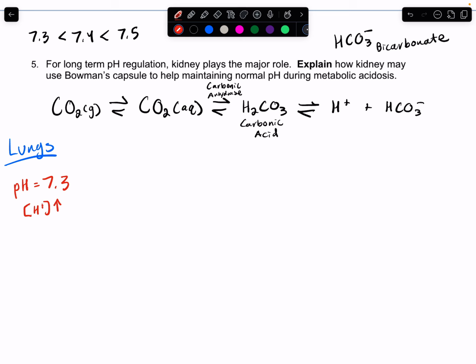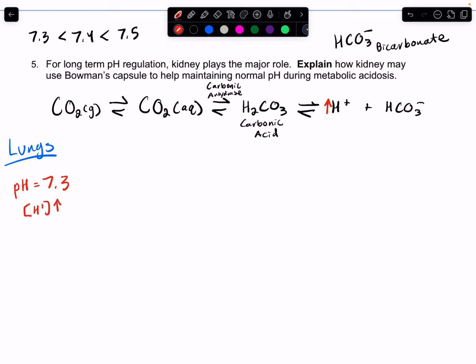When your H+ concentration is higher than normal on this equation, see I put the red arrow here, your body will try to use Le Chatelier's principle to even out the equilibrium. So you want to decrease the amount of H+.